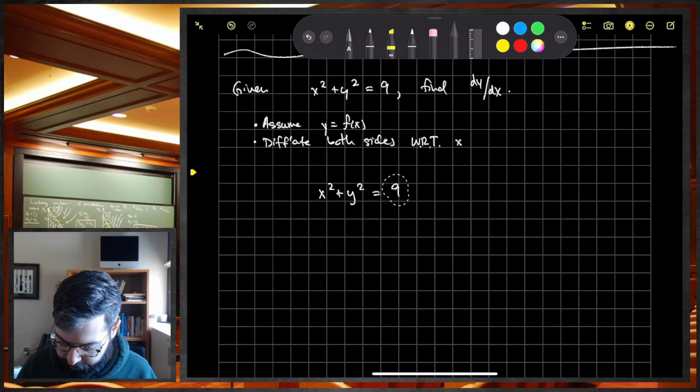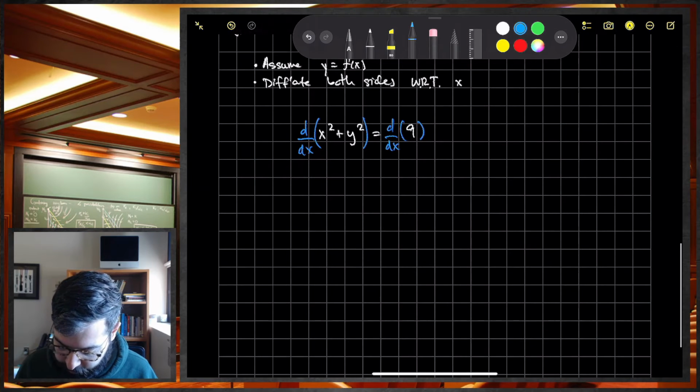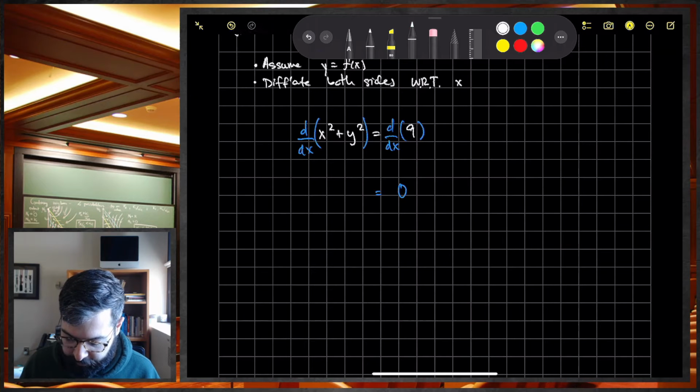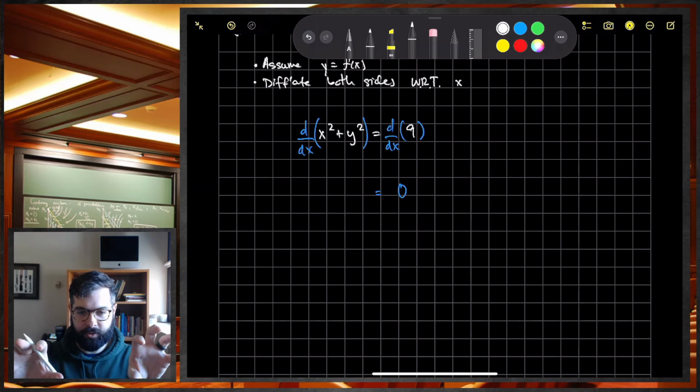And we'll differentiate both whole sides with respect to x. So what happens on the right is I'm left with 0. That's fine. On the left, remember that differentiation splits over addition. So we take the derivative of each of those two functions.